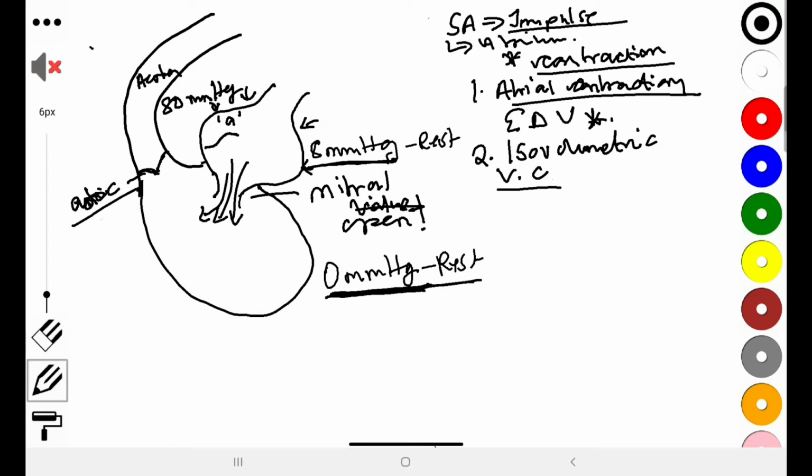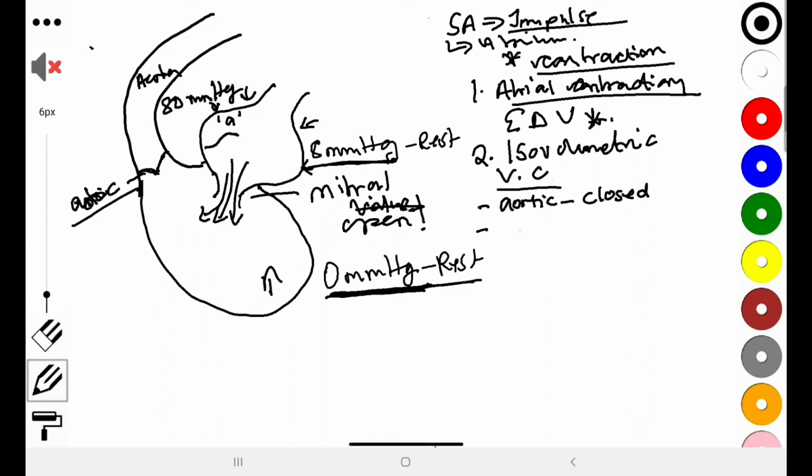The first thing we're going to note is that the aortic valve is going to remain closed. Why? Because the pressure in the ventricle is still low. We don't have enough pressure, because remember, the pressure in the ventricle has to be increased more than 80 millimeters of mercury for this valve to open. All right, so the first one, aortic valve remains closed.